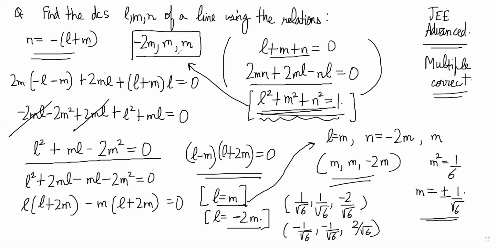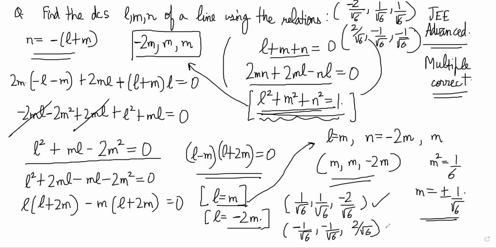Again plus minus 1 by root 6. So the direction cosines will become minus 2 by root 6, 1 by root 6, 1 by root 6, and 2 by root 6, minus 1 by root 6, and minus 1 by root 6. Are you understanding what is happening? Yes, sir. So you have 4 possible direction cosines.